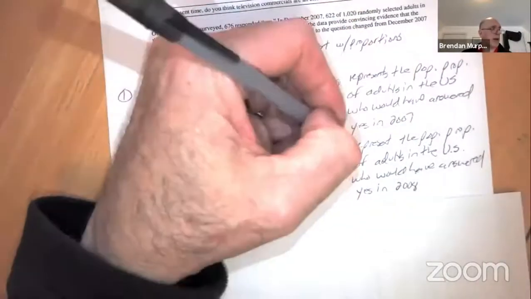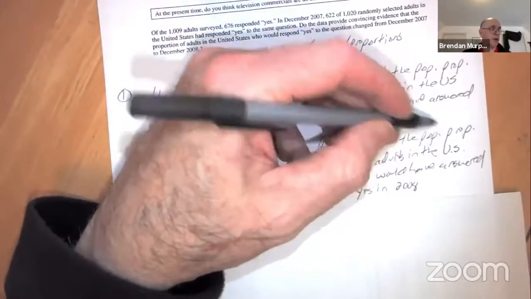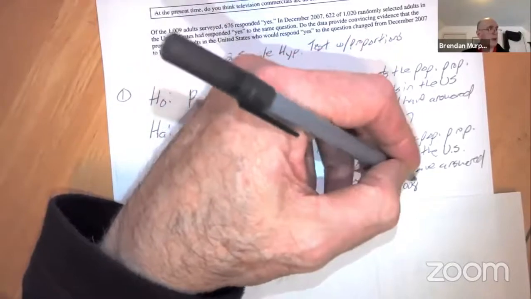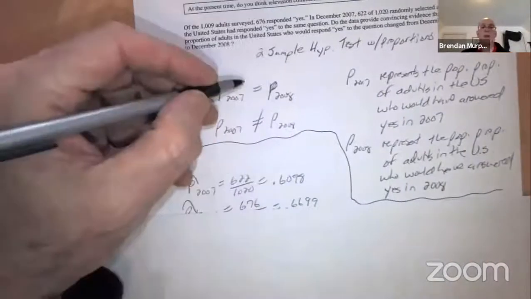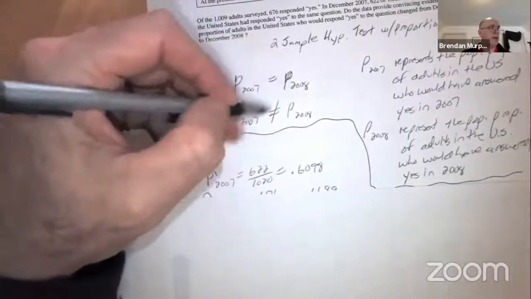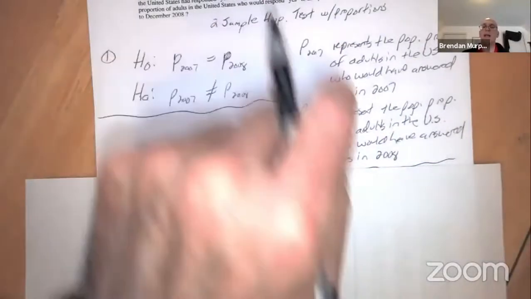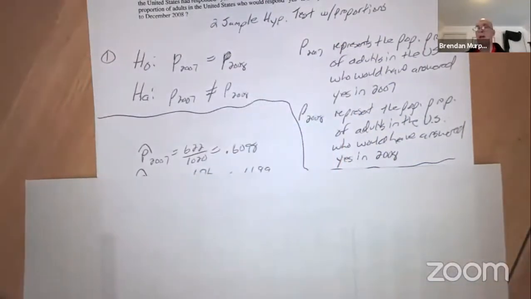P of 2008 represents the population proportion of adults in the United States who would have answered yes to that survey question in 2008. Only because I was on this rubric team, that was considered enough that year. I would get into the habit of writing over here, really identifying that parameter in a much better way.